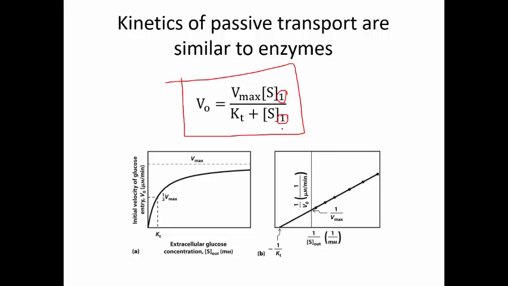The equivalent on the other side would almost be like the product, and we didn't see product in the Michaelis-Menten. So the only trick here is making sure you're using the right concentration. You can plot it in a Lineweaver-Burk plot, same thing. So one thing you should easily be able to do is calculate the kinetics of this sort of thing for passive transport.